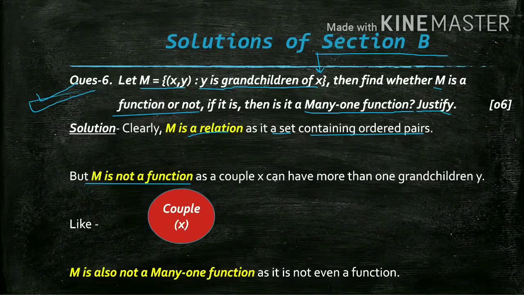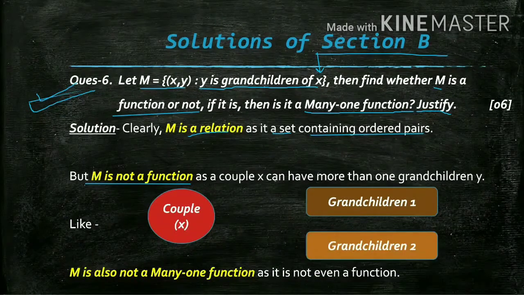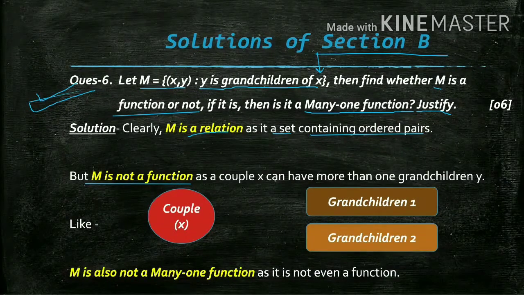You can take that as a single one, just for clarification purposes. So you take a couple X. Now it has grandchildren: a grandchild one and another grandchild two. Both are different. The different colors denote that they are different as well.